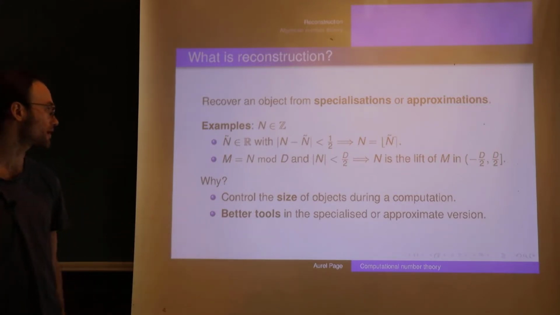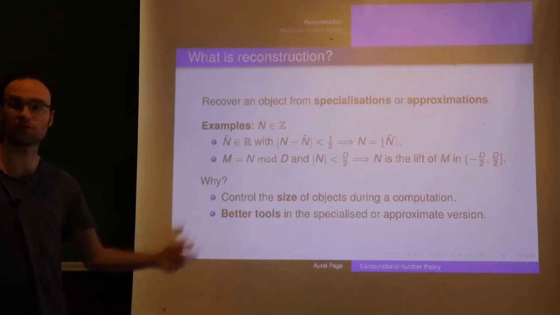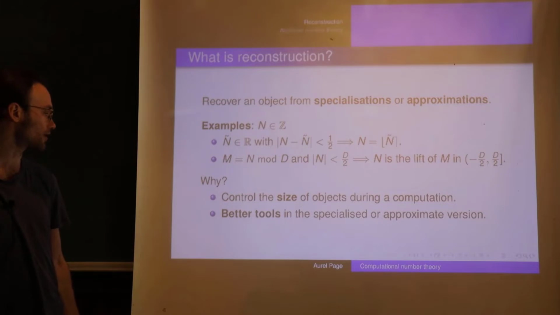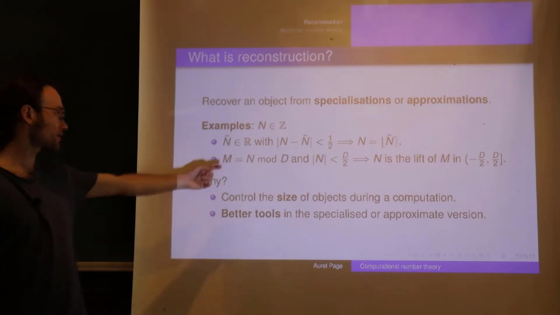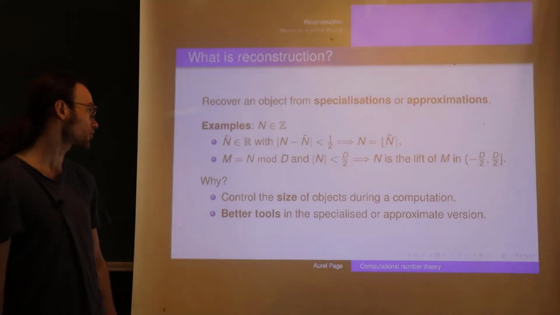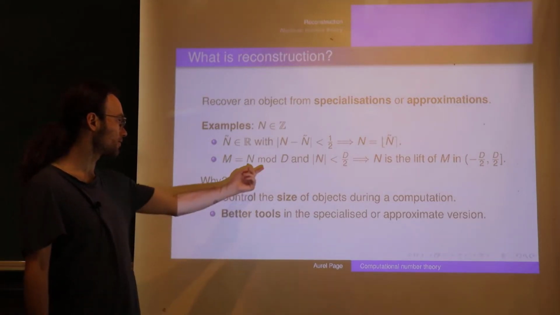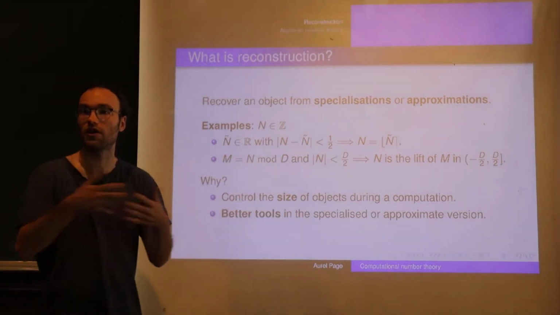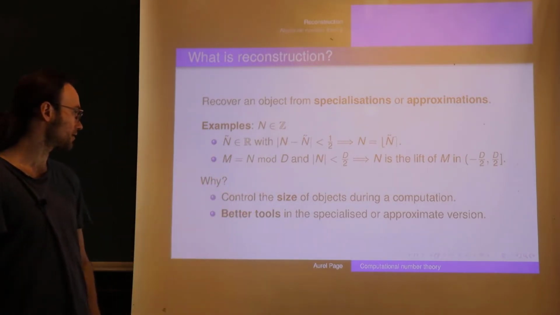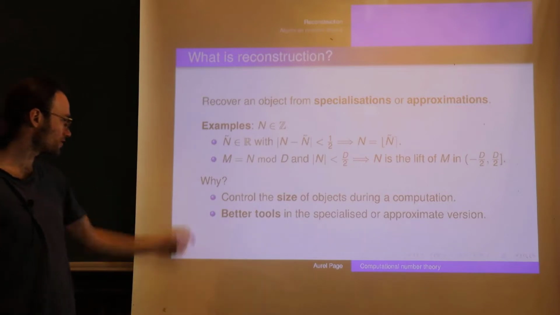You can control better how much they grow. And if you know in advance the size of the output, then you can do reconstruction at the end. And same thing for arithmetic modulo some integer. This allows you to bound the size of everything that happens during the computation and recover the result at the end. So that can be one reason.